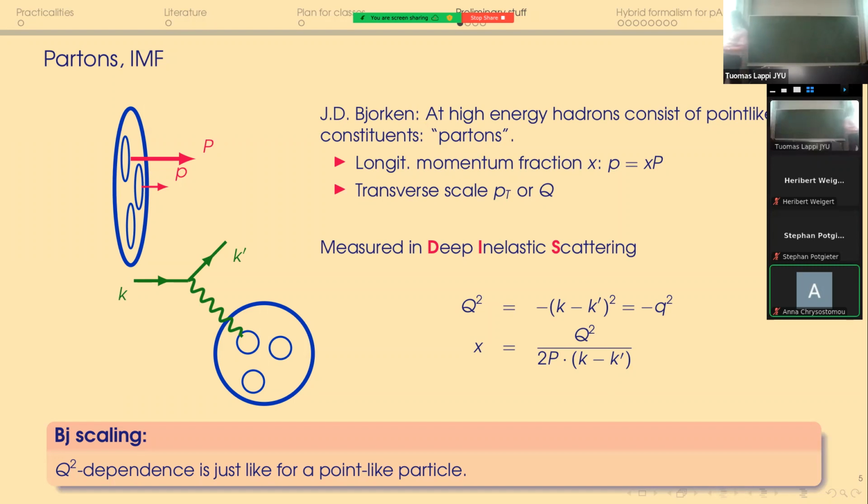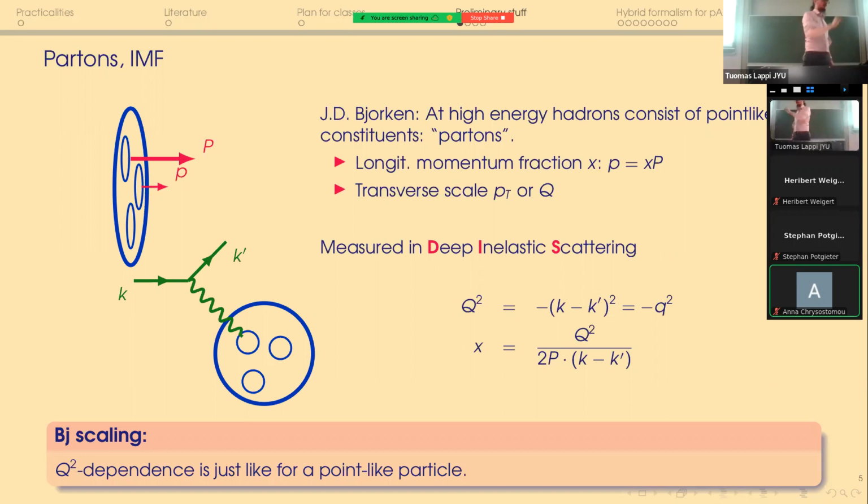What surprised people at the time, in the 60s, about these DIS experiments was that when you went to relatively high Q squared, significantly larger than the mass of the proton, you started seeing that the cross section as a function of these variables looks like you are scattering off point-like particles.